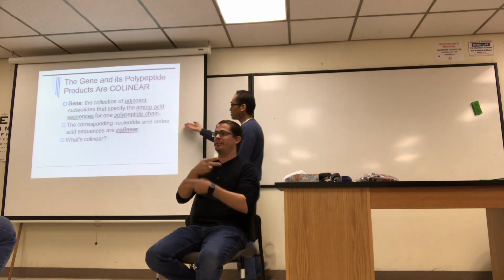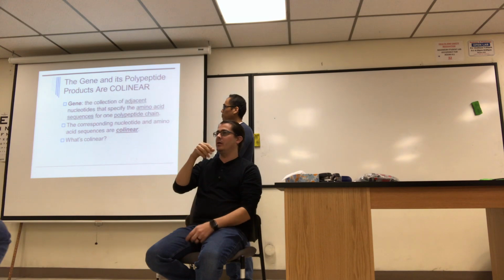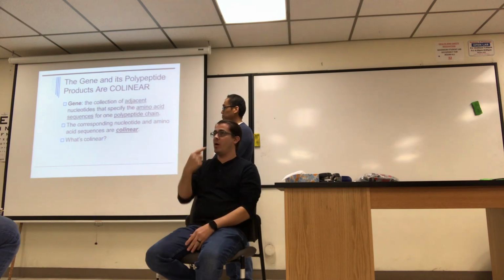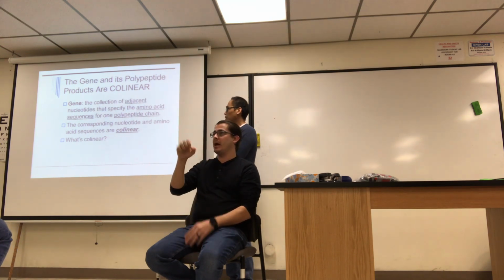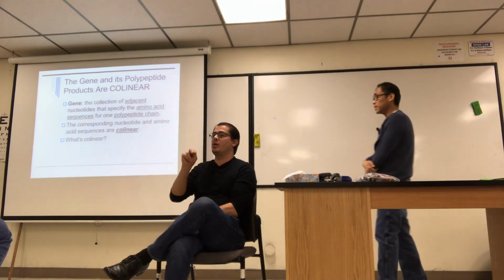The gene and its polypeptide products are collinear. You just read it, base pair in a row. The gene is a collection of adjacent nucleotides that specify the amino acid sequence for one polypeptide chain. So the corresponding nucleotide and amino acid sequences are collinear.